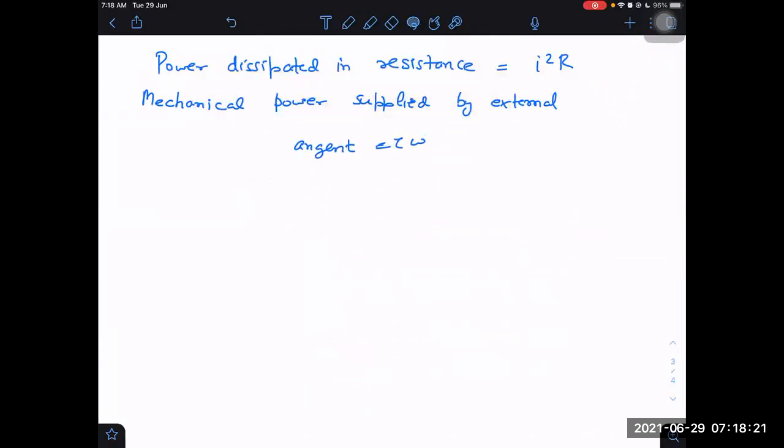Tau into omega is equal to I square R, which was B R square omega by 2R, or I can say E square by R. That is better, I think. EMF we know already, so EMF square divided by R is equal to torque into omega.